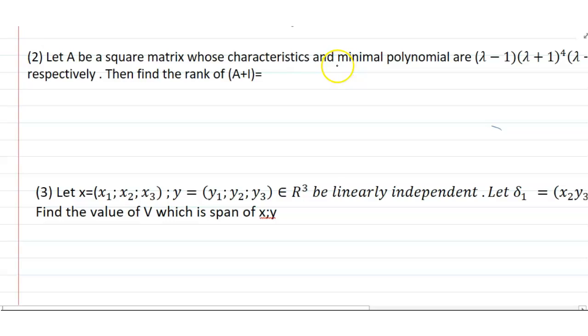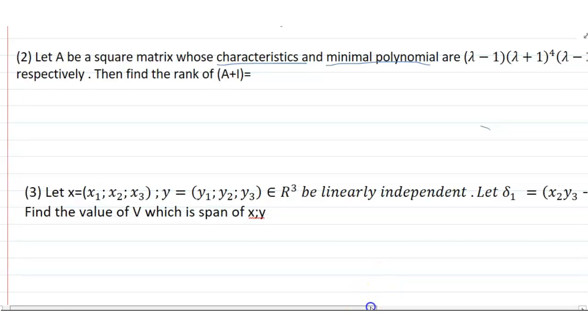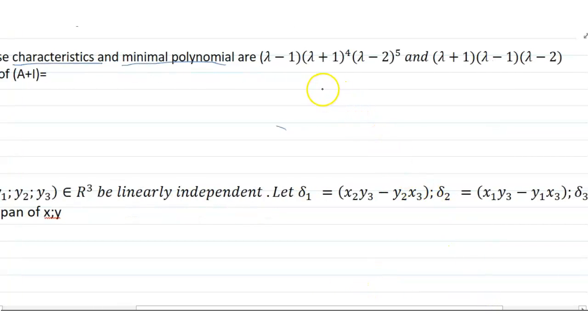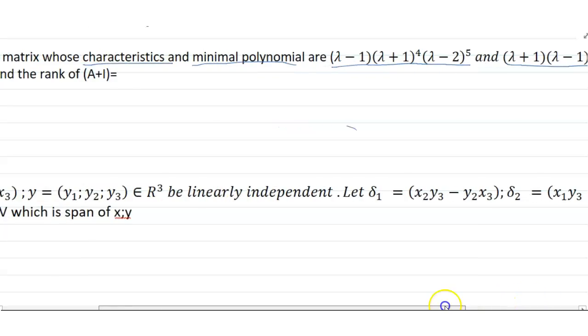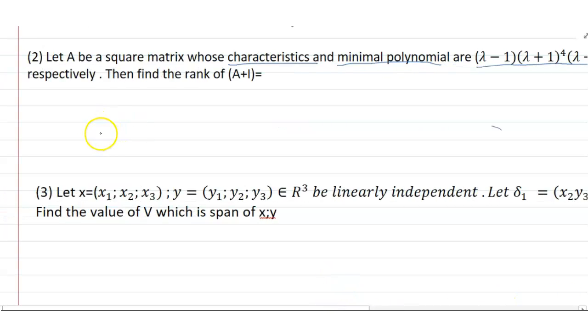if you see that minimal polynomial and characteristic polynomial correspond to these two values. These two values are minimal and maximal.